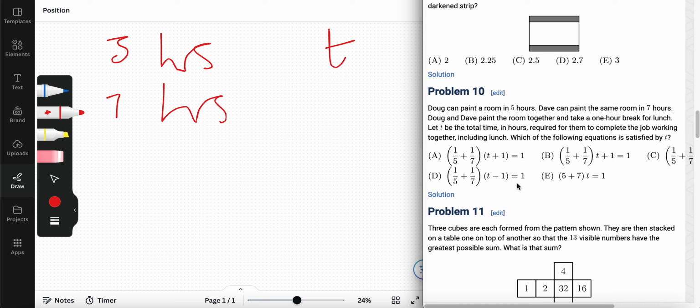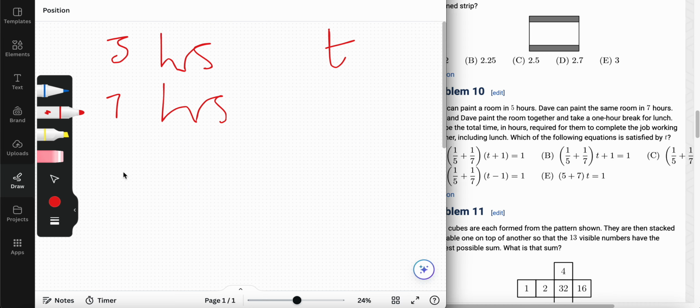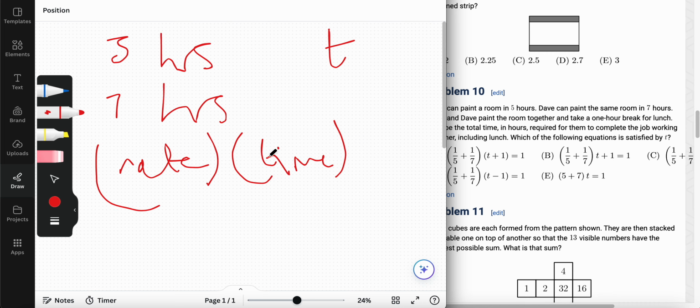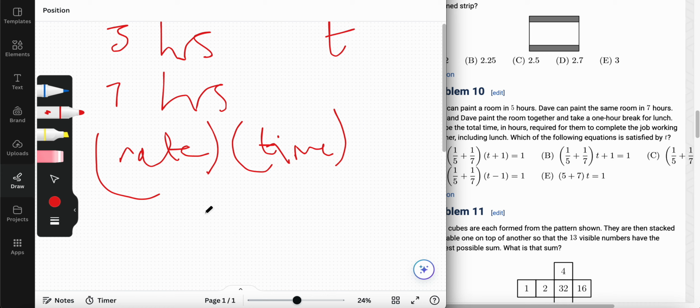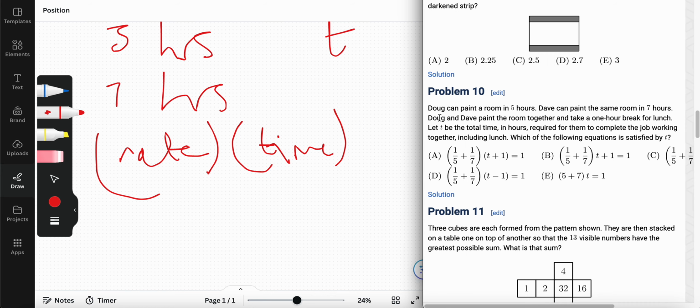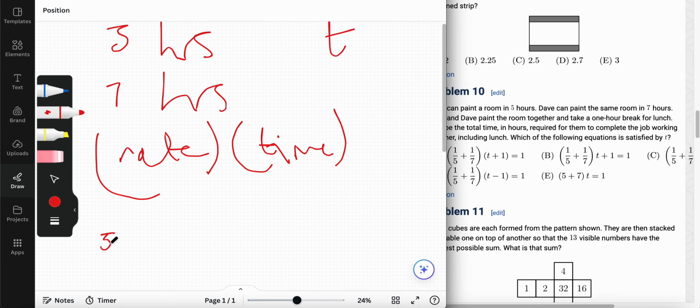Okay, I think we're trying to find rate times time. So first let's do the rate. Doug takes 5 hours to paint one room.